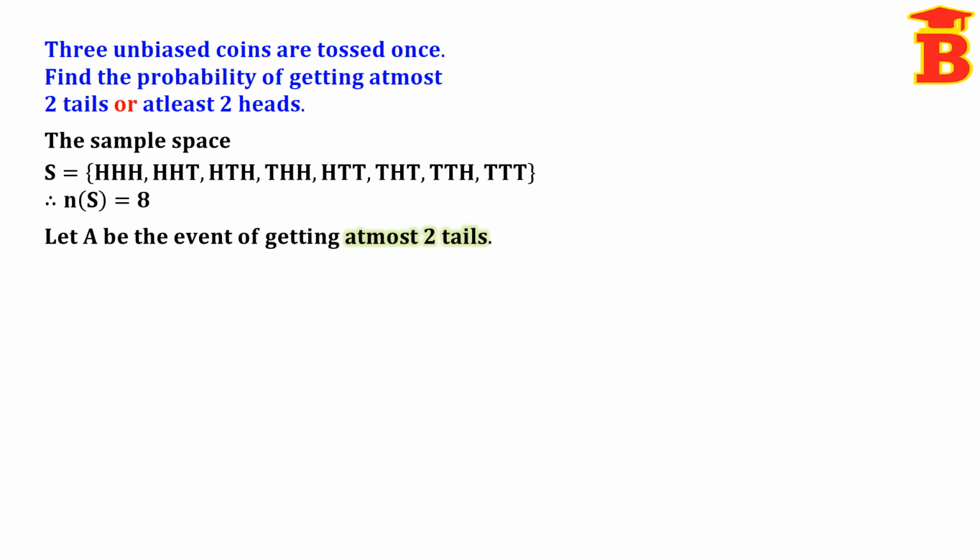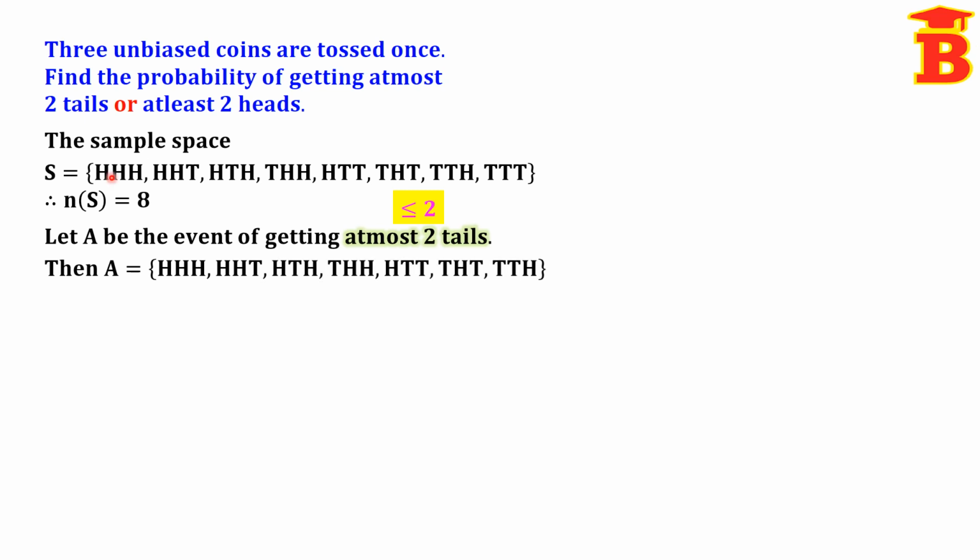Let capital A be the event of getting at most 2 tails. At most 2 means maximum 2. So mathematically we write it as less than or equal to 2. So take and write all the less than or equal to 2 tails possibilities. So starting from here, HHH, HHT, HTH, THH, HTT, THT, TTH.